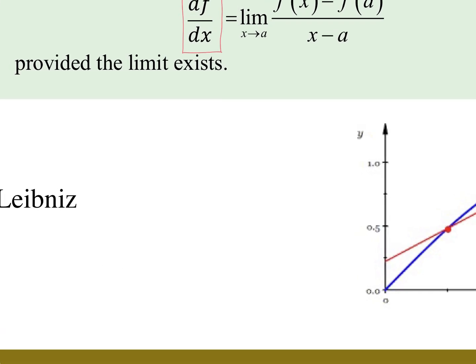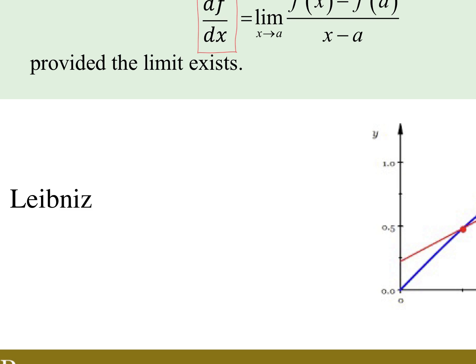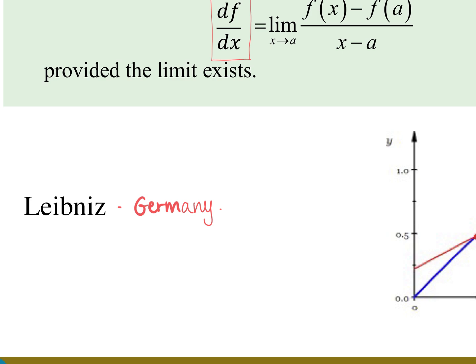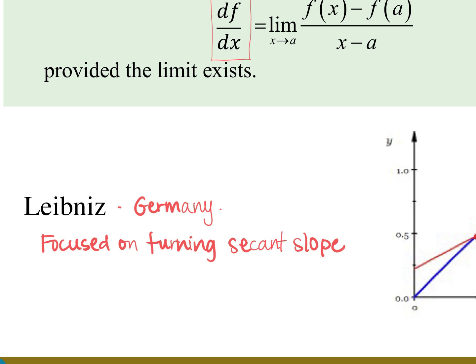Okay, so what you need to know about Leibniz: he was from Germany, and his main focus was on turning secant slope, which is just plain f of b minus f of a over b minus a, into tangent slope.